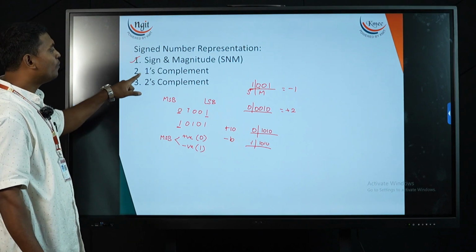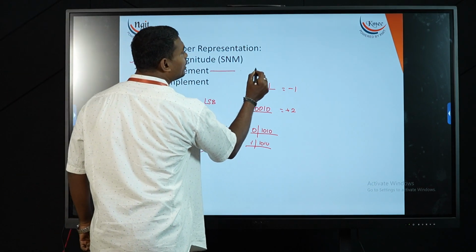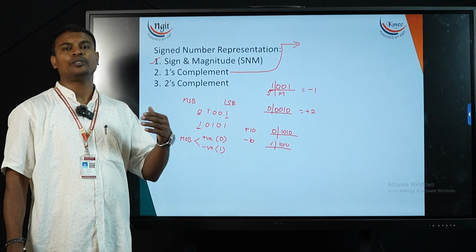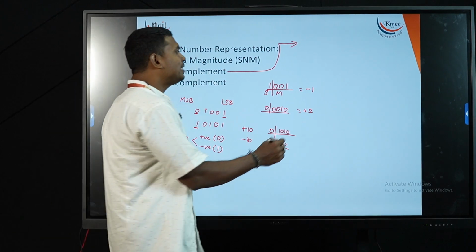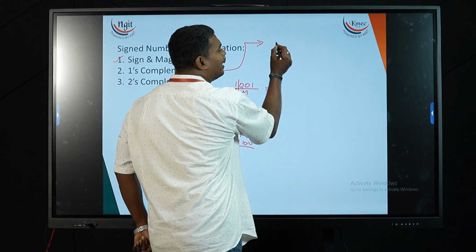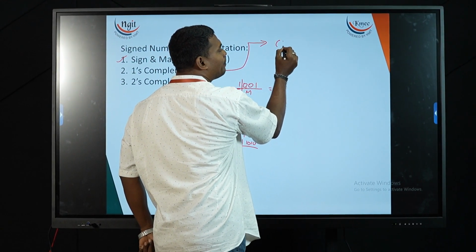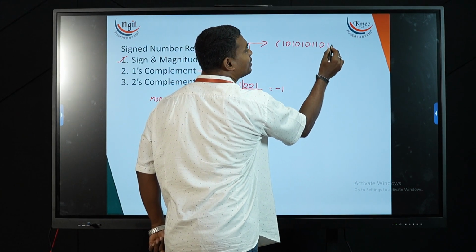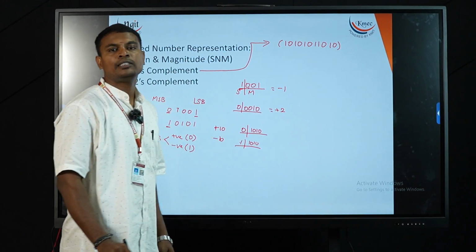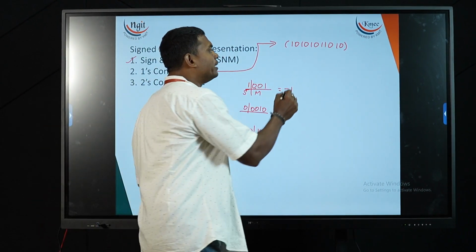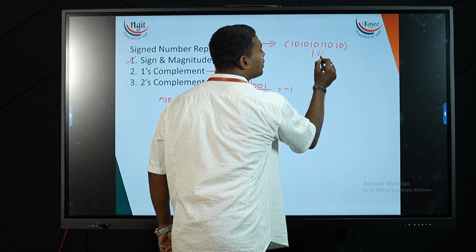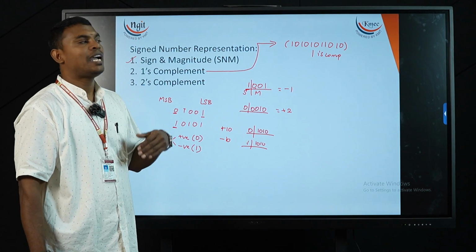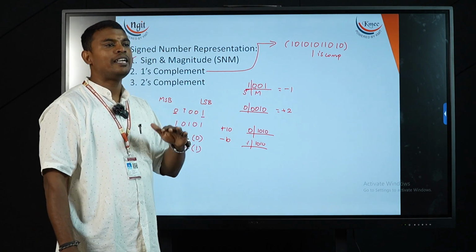Whereas for the 1's complement technique, I just need to replace a 0 with 1 or 1 with 0. If I am having binary bits like 101010110, and I want to apply the 1's complement technique, I need to replace 1 with 0 and 0 with 1.